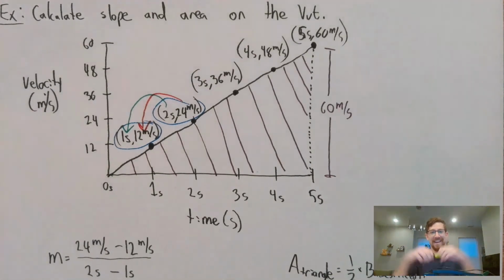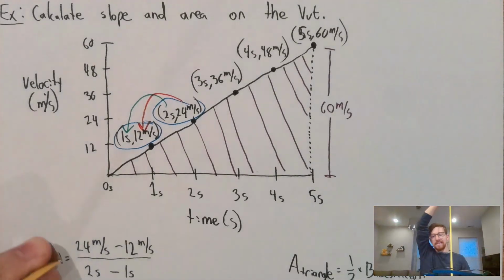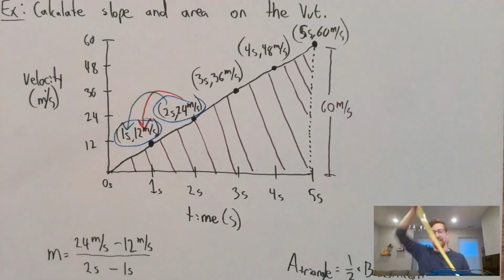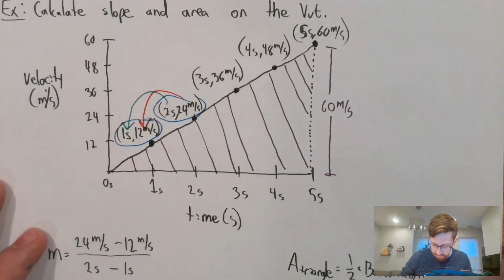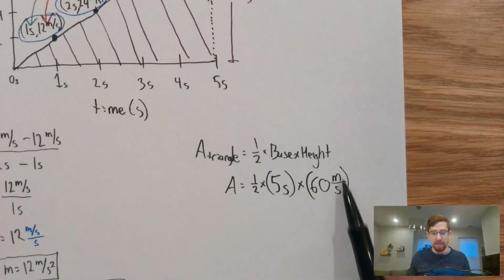I can't measure someone's height and say, oh, you're 60 meters per second tall. That doesn't make any sense in the physical world, but on a graph, we can do that. So it's 60 meters per second.